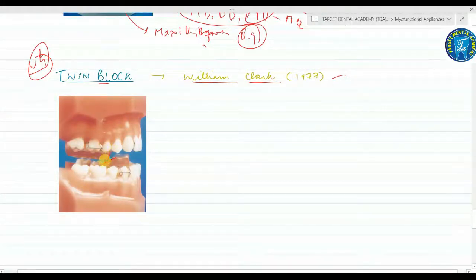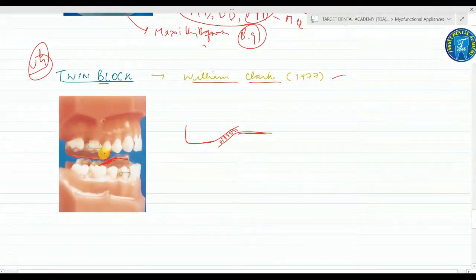So the appliance consists of an upper plate and a lower plate, having occlusally inclined planes, like this upper and like this lower, having an occlusal plate and this is the inclined plane.